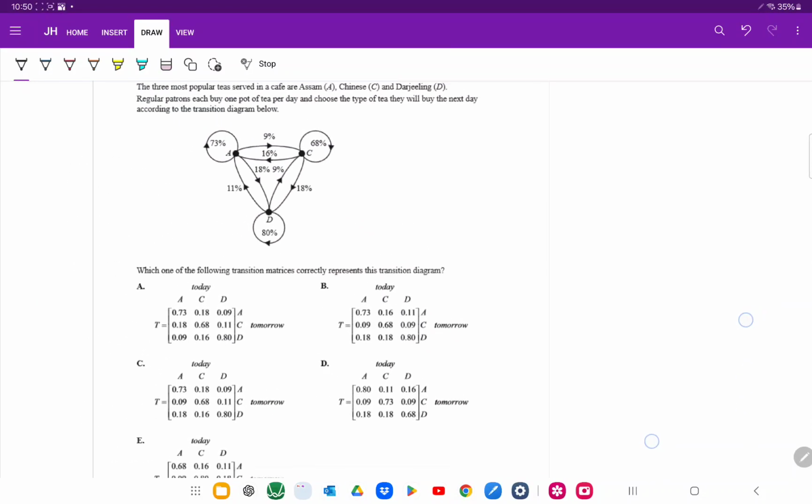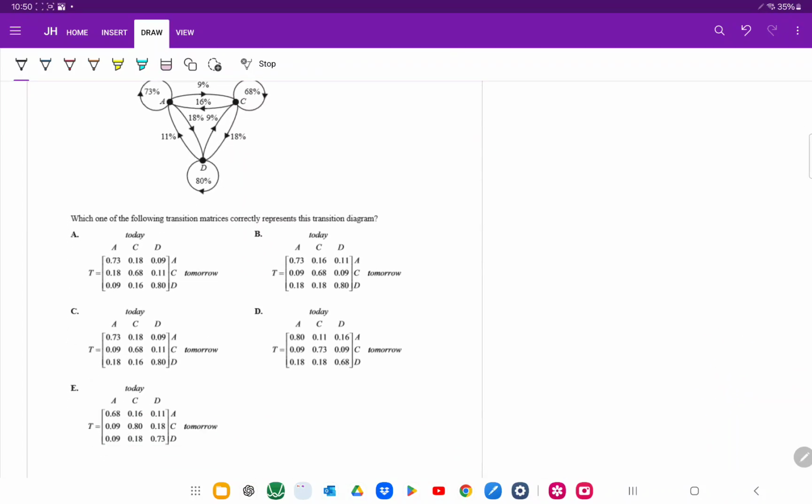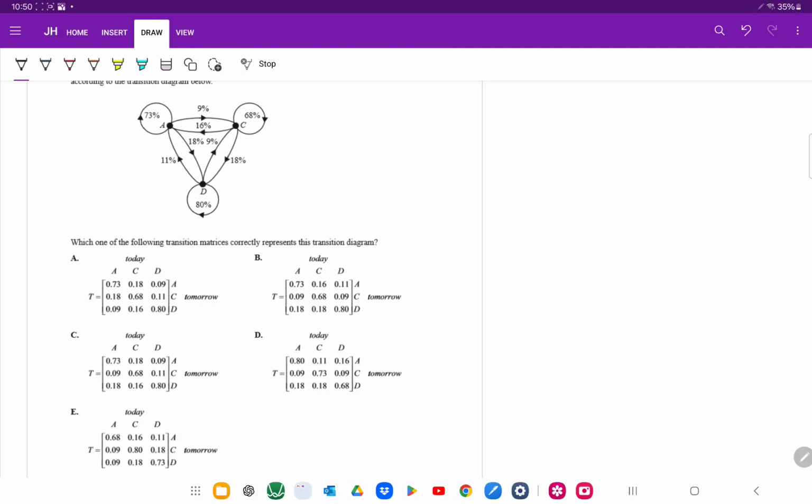Now, question 3 talks about a transition matrix, and it's asking you to relate the transition matrix to the actual diagram. If we look at these elements, I'm really going to focus on what is not correct. I'm going to focus on these particular elements here and here.